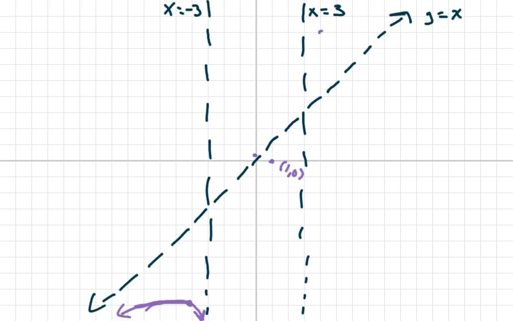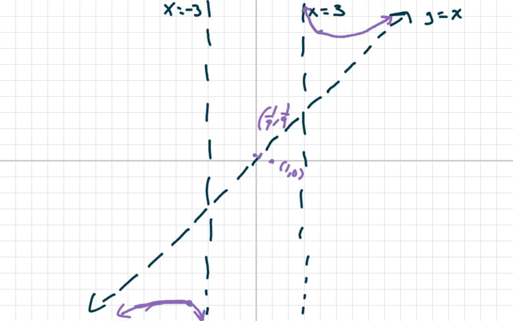It's not symmetric. So basically what you're doing is you're fitting it into our framework of our asymptotes, our slant one and our 2 vertical ones. Now where it crosses the y equals x is at 1/9, 1/9.